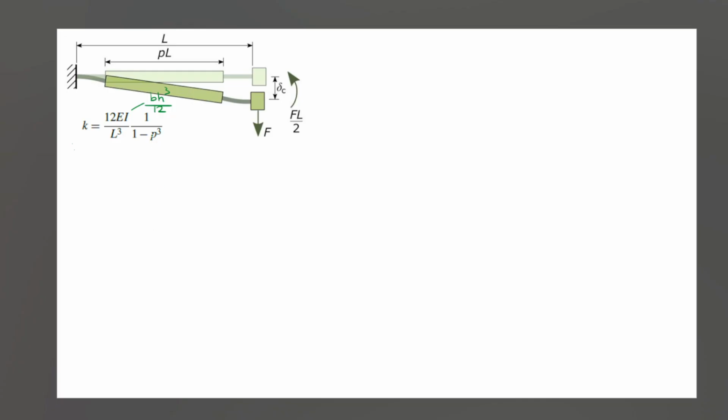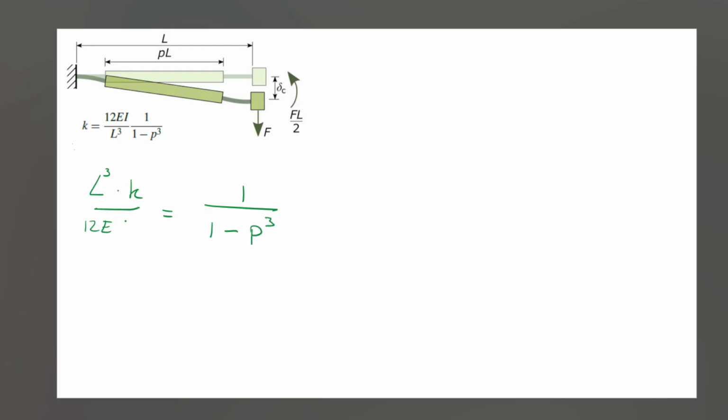So let's rewrite this formula again so that P is outside of this thing. First things first, K is already over here. So we are going to say K over 12 EI over L to the third. Basically what I can do then is put L to the third on top, so it's L to the third times K, and that is now 1 over 1 minus P to the third.